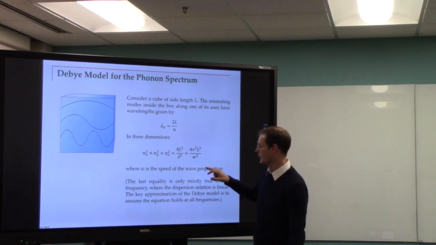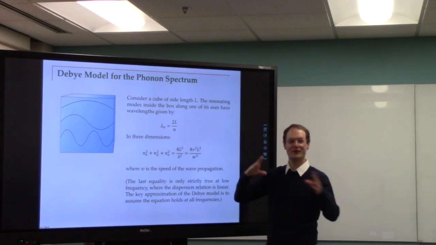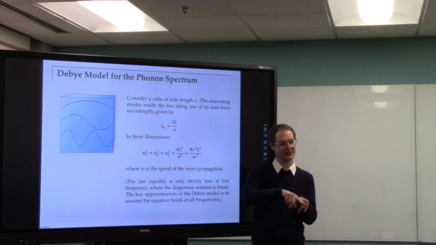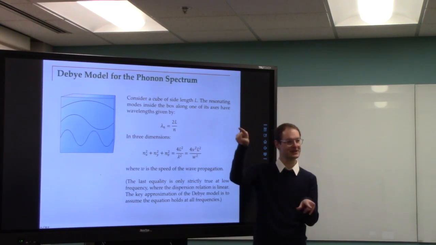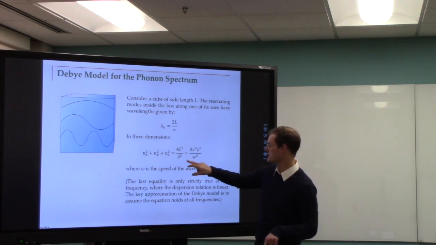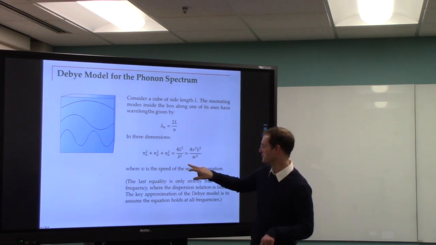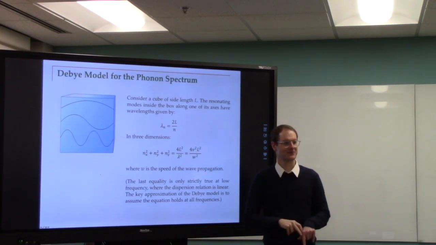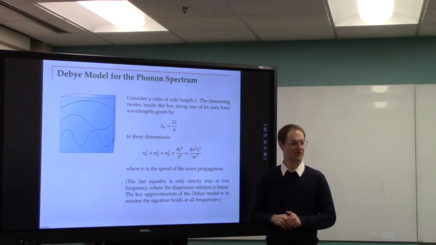And so if you make a simplifying approximation that the dispersion relation is linear, which it would be at low frequencies, then you can substitute lambda equals the speed divided by the frequency. Right?